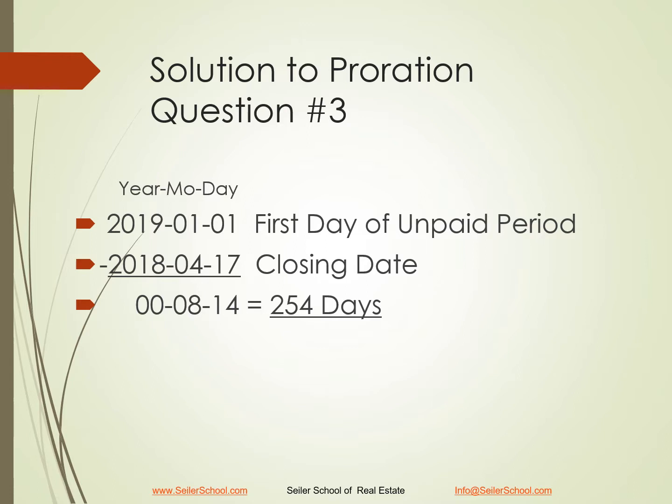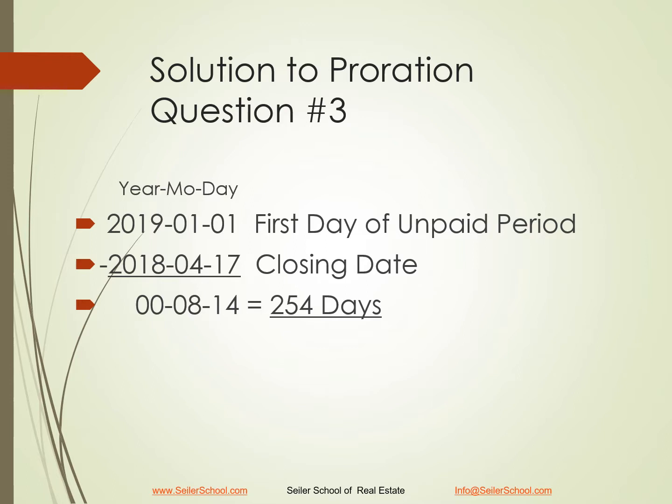Looking at the 01 minus 17, we can't subtract 17 from 1, so we have to go over from the day column to the month column and borrow 1 month, which is 30 days, add the 1 day, and it's 31 days, minus 17 is 14. Now imagine that the 01 is not 01 because we borrowed a month, so it's 00.